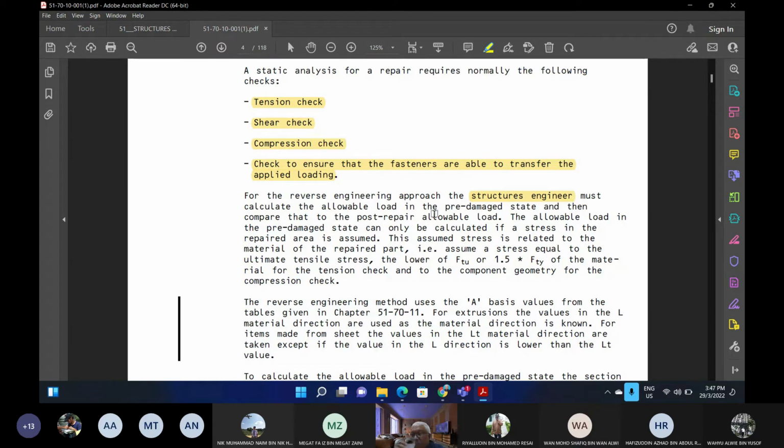Must calculate allowable load in the pre-damage state. Calculate allowable load in the pre-damage state. And then compare to the post-repair allowable load.